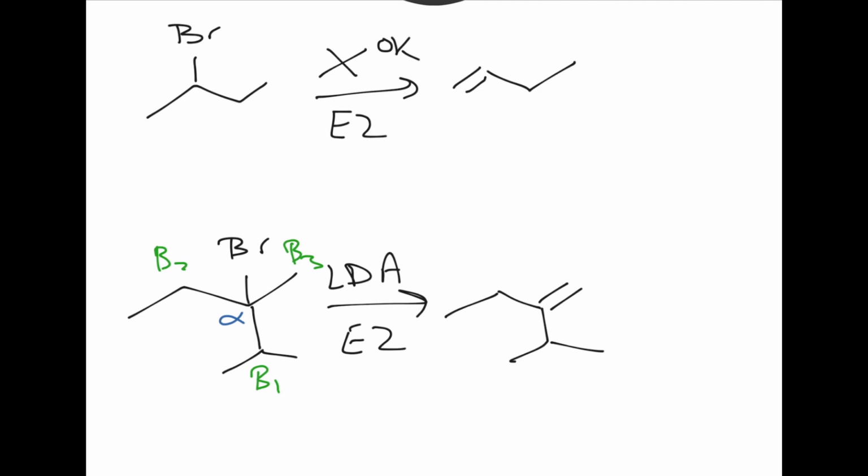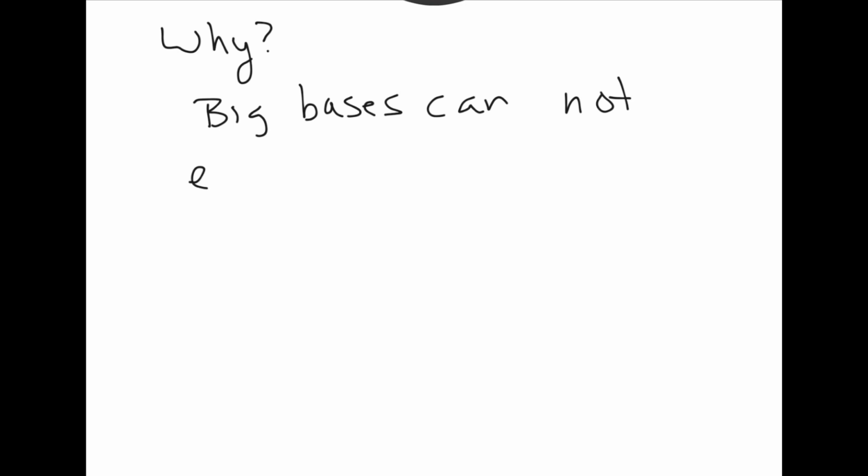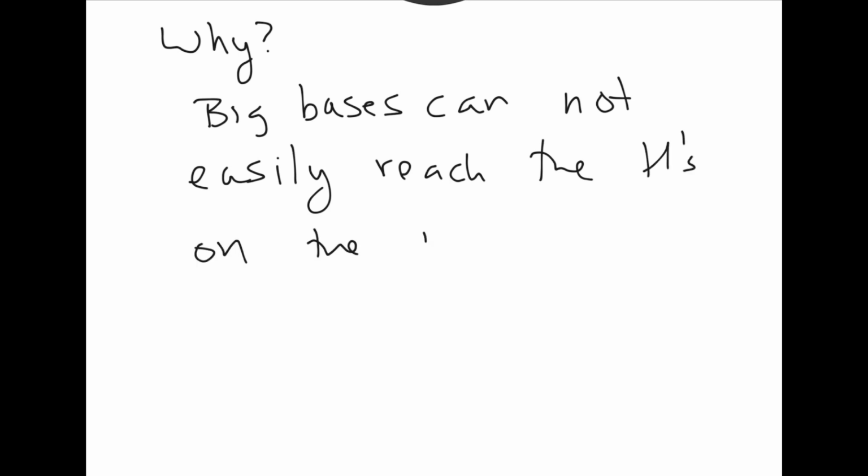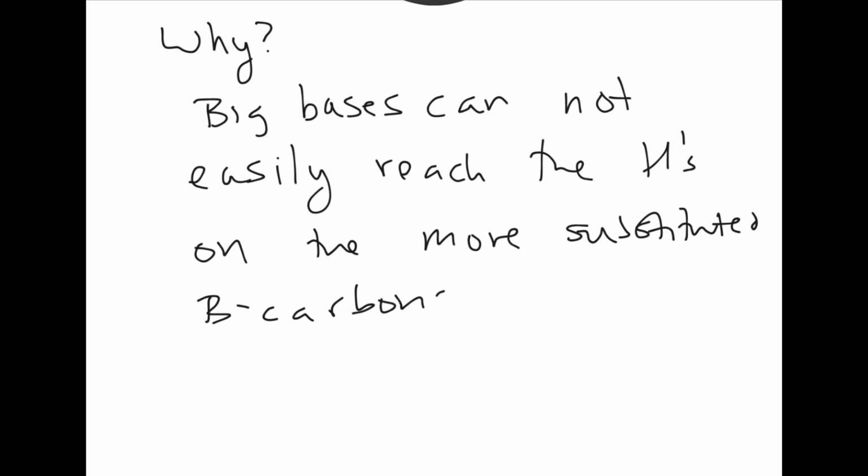So the question then becomes, why does this happen? Why do big bases make the least substituted double bond? Big bases can't easily reach the hydrogens on the more substituted beta carbons.